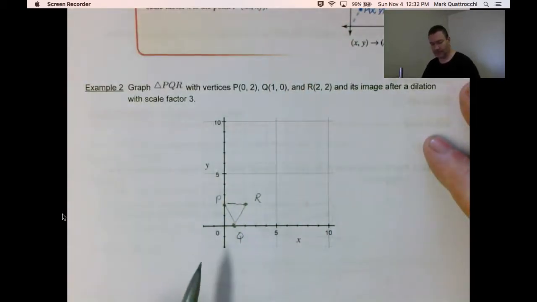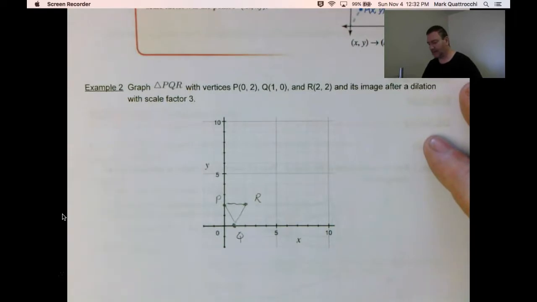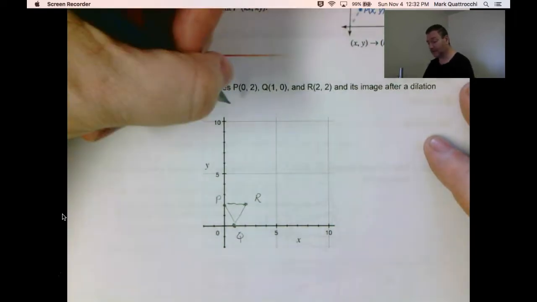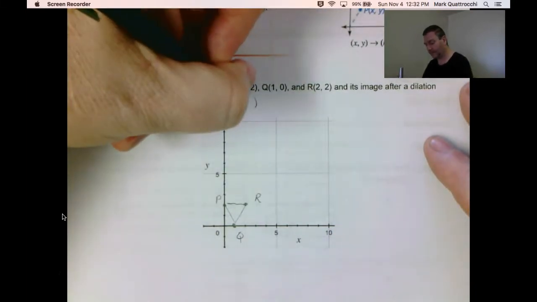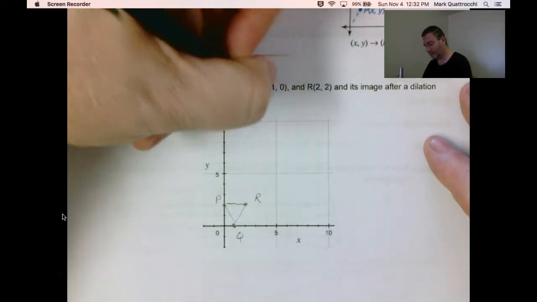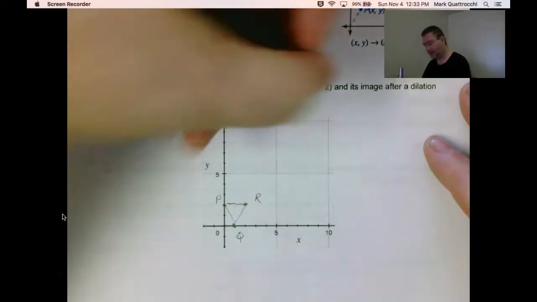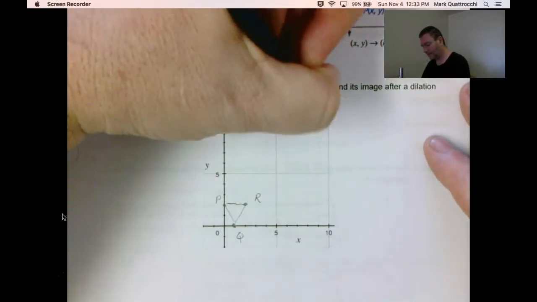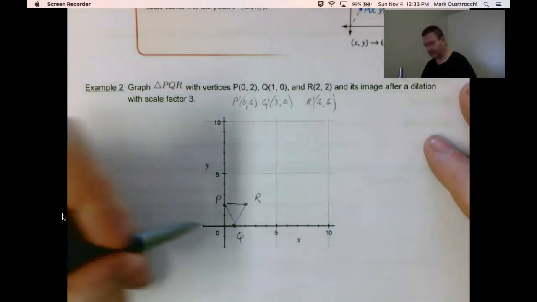Now we're going to do an enlargement, a scale factor of 3. So when we do that, the easiest way to do it is to take each of the vertices and multiply them by 3. P prime, 0, 6, Q prime, 3, 0, and R prime, 6, 6, and plot these 3 points.